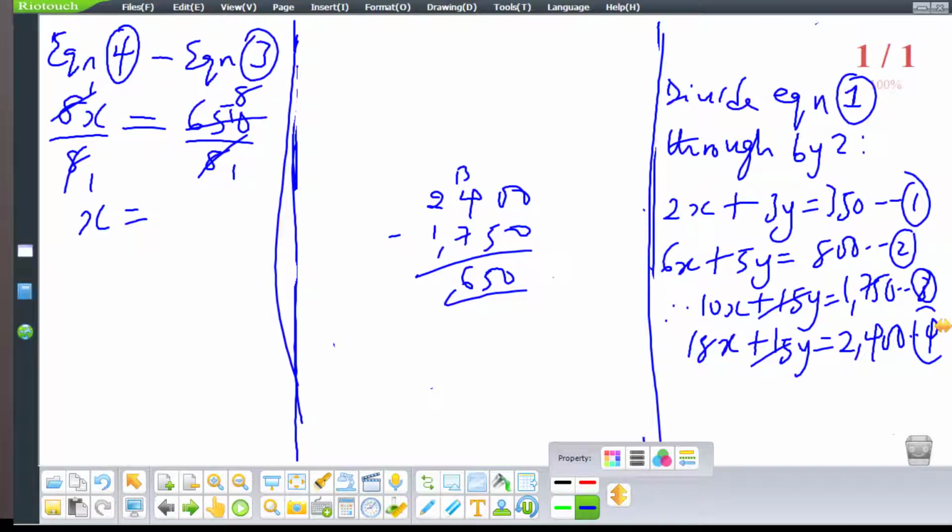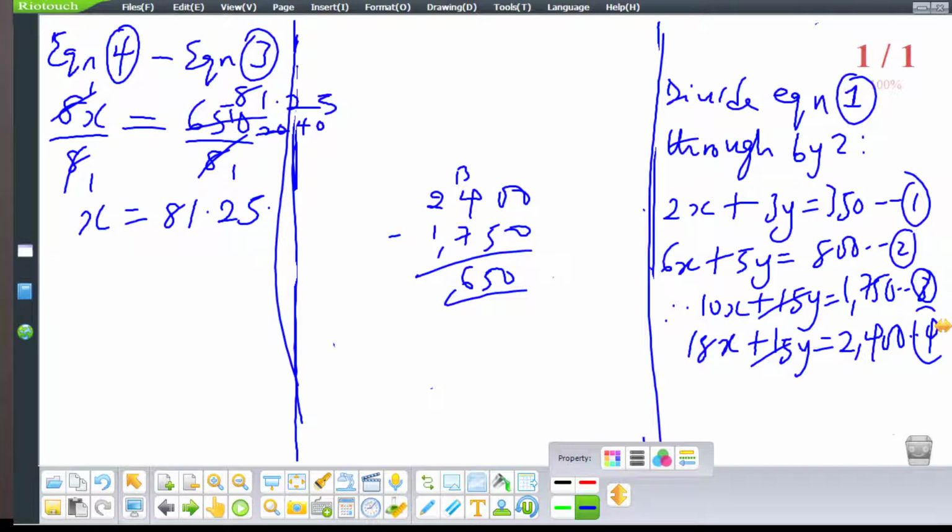Then 8 in 10 is 1, remainder 2. So we add 0. 8 in 20 is 2, remainder 4. Then add 0. 8 in 40 is going to be 5. So x is actually 81.25.